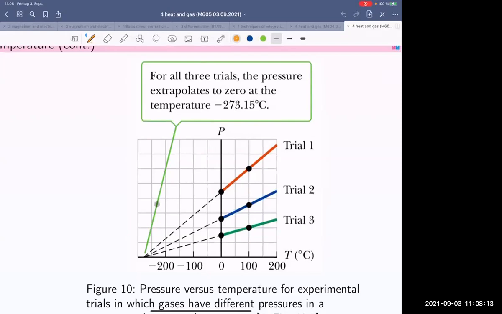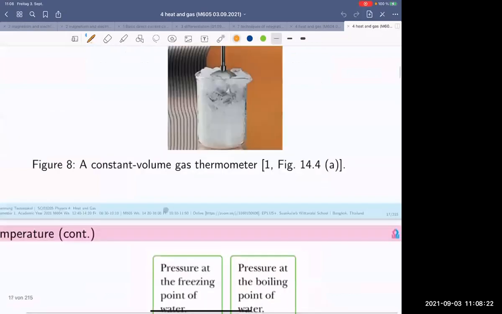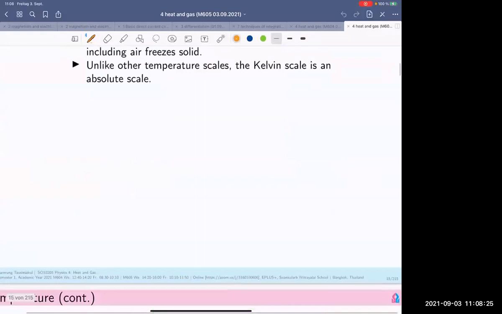And here is the reason why it comes to this scale. This scale was in part discovered by this person, and it's called the Kelvin scale.